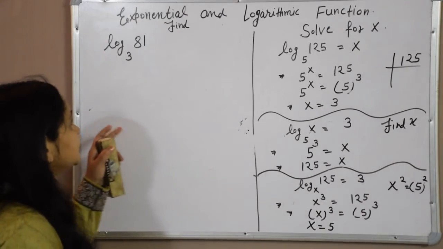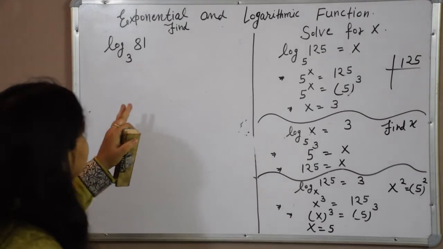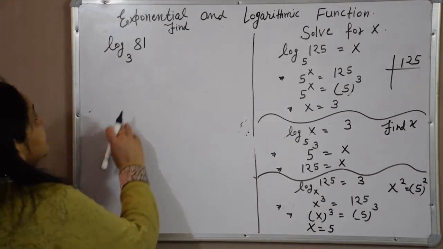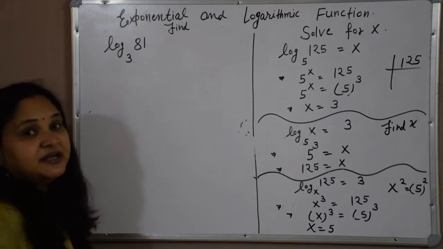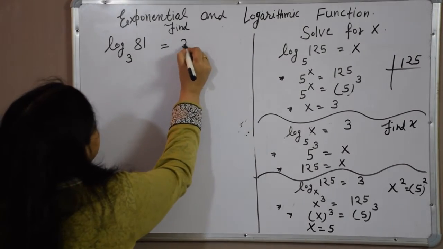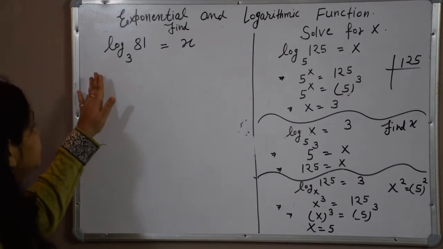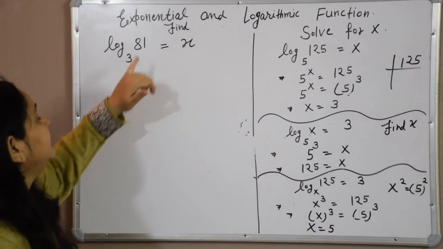Now we will consider some simple applications of how we can convert log into exponential and exponential form into the logarithmic form. So here the first question: find log of 81 to the base 3. What does it mean? It means we need to find that power of 3 which will make it 81.